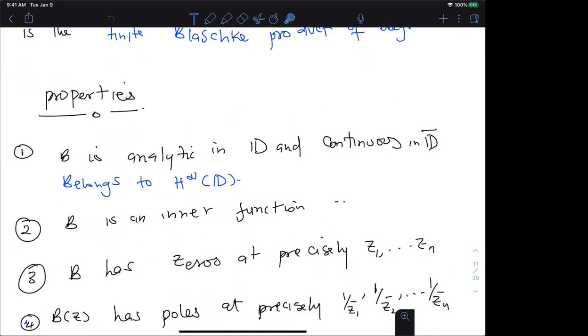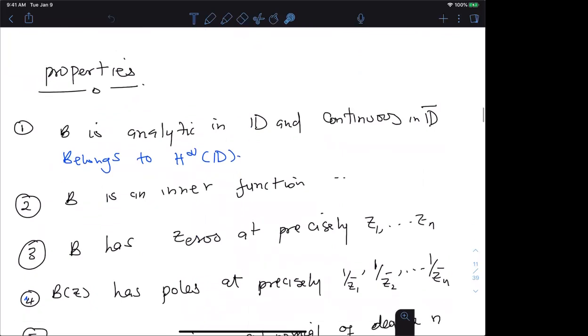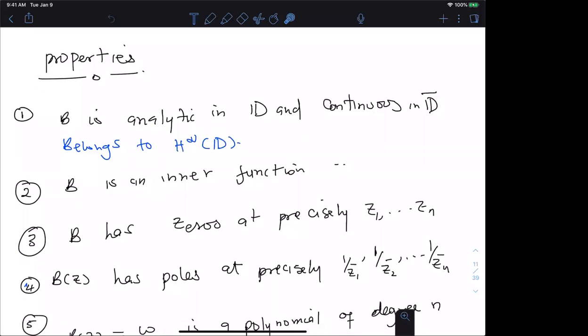Now, these are a few verifiable properties of the Blaschke product. The first one is that it is analytic on the disk and continuous on the closed unit disk. And so it belongs to the Hardy space H infinity of D, the family of bounded analytic functions on the disk. And B here is also an inner function.